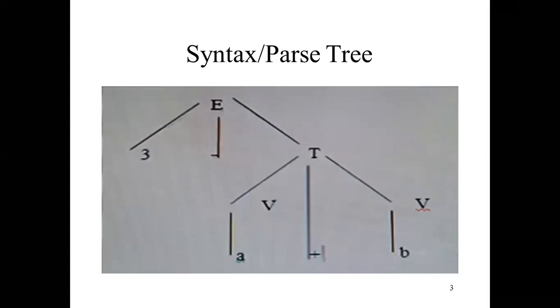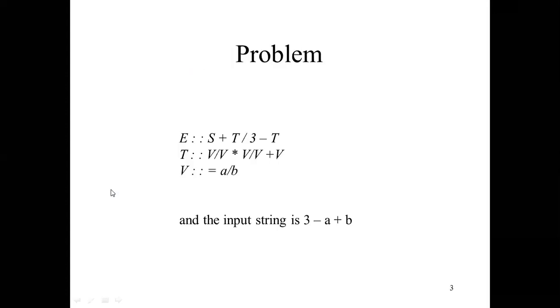Okay, so we are going to choose E. Okay, this is E, and we are going to choose the option for the E as 3 minus T. Okay, in the preceding case we can see here 3 minus T. We are choosing this option 3 minus T. Okay, why?